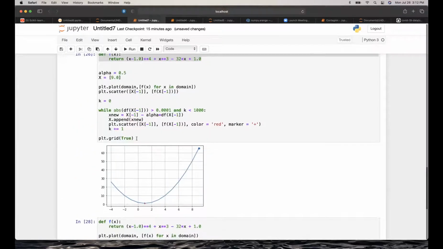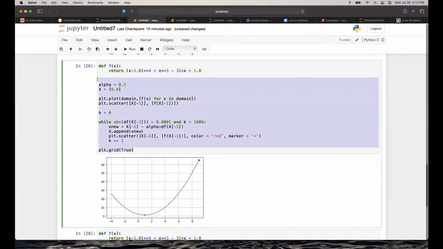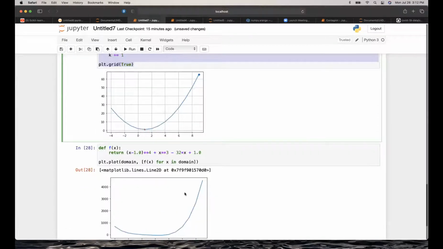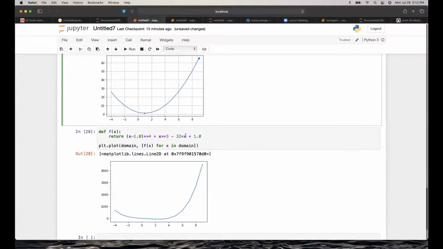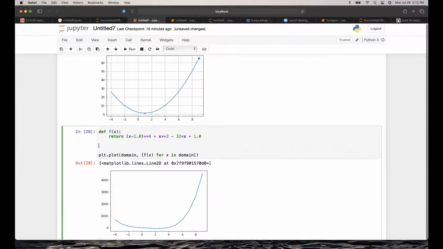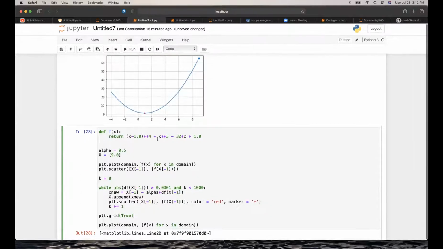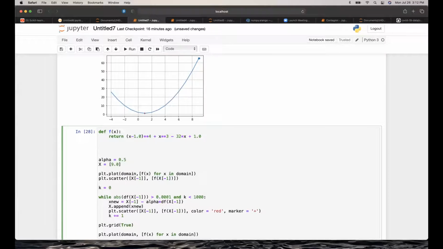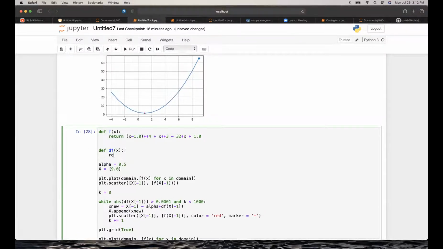So I'm just going to copy this code here. I have no idea what the minimizers are. I think the minimizers look like x to be 0, actually. The next, no. Well, we also need to write down the derivative, so let's just do another df. So what is the derivative?